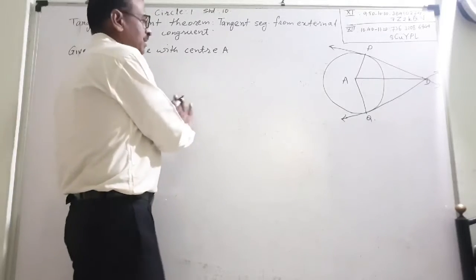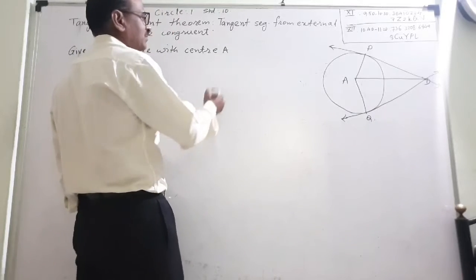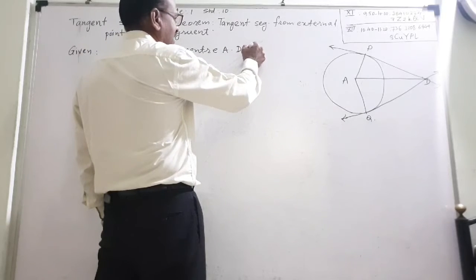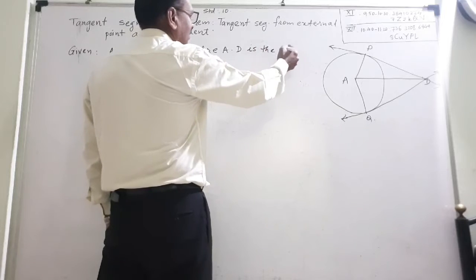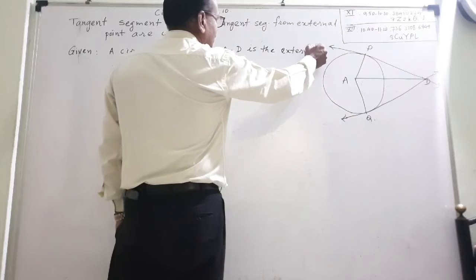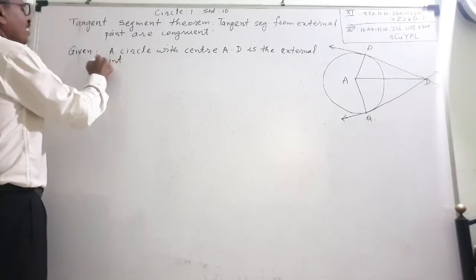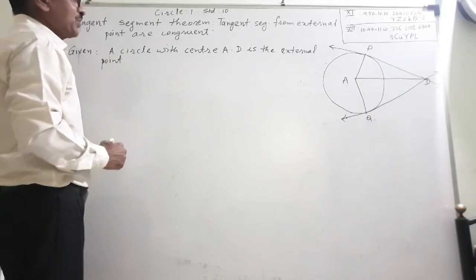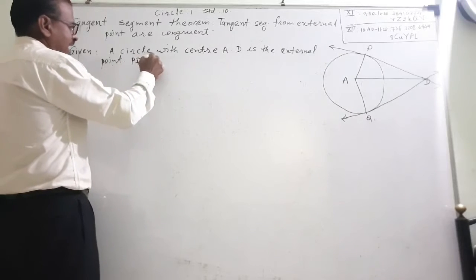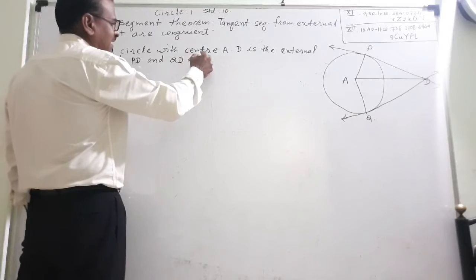That's why I am doing it; if in the board exam it is asked to prove this, then we should be prepared for that. D is the external point. What else? PD and QD are the tangent segments.